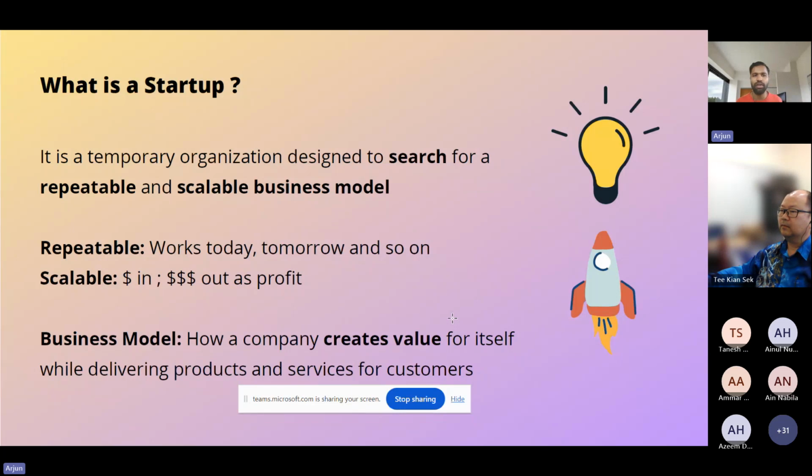In today's world, there are many startups coming into the market, right? Previously, 20 years or 10 years ago, there were always bigger companies where people went to work, for example Intel, Samsung, Nokia, Ericsson.